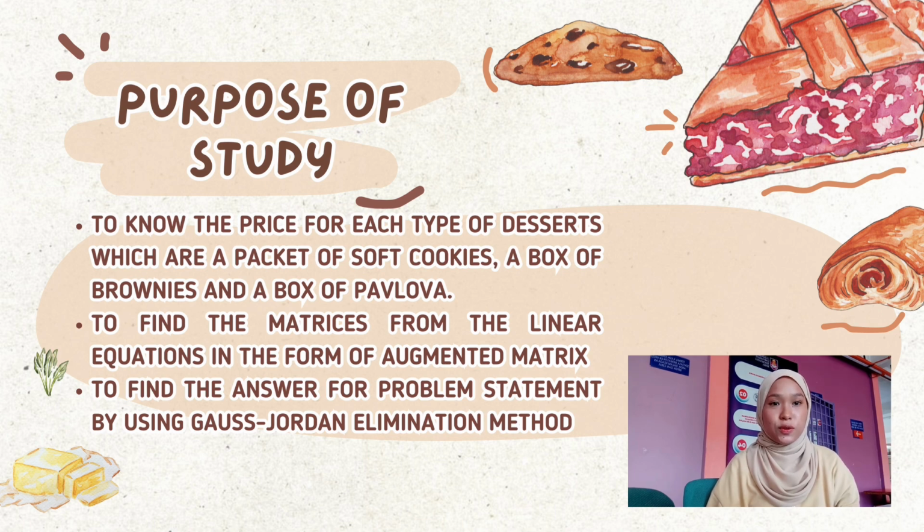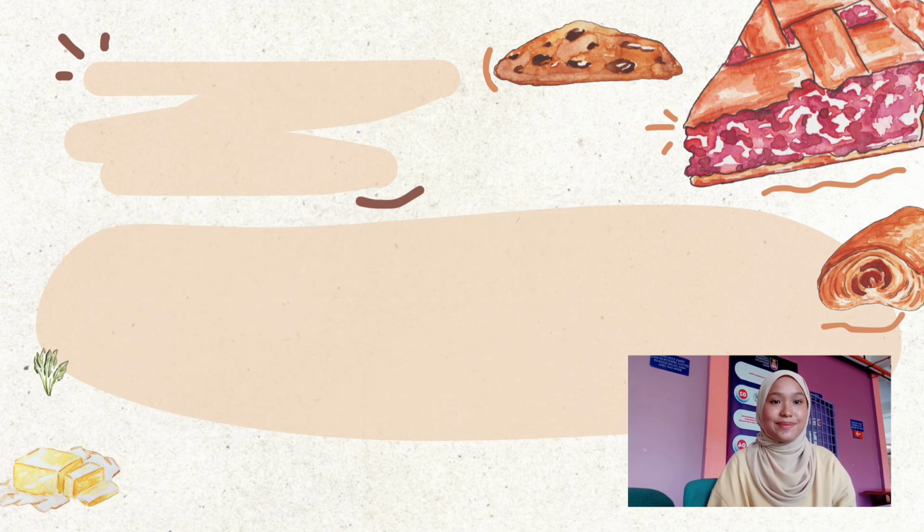First, to know the price of each type of dessert. Second, to find the matrix from the linear equations in the form of an augmented matrix. The last one is to find the answer to the problem statement by using the Gauss-Jordan elimination method.